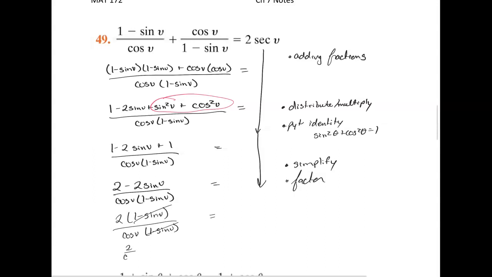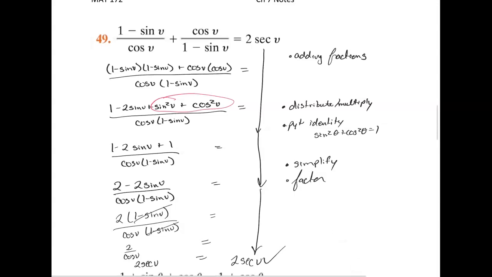So we're going to have 2 over cosine of v, which is 2 times secant of v. And that's what we wanted. We factored, we reduced, and then we used the identity 1 over cosine of v is equal to secant of v.